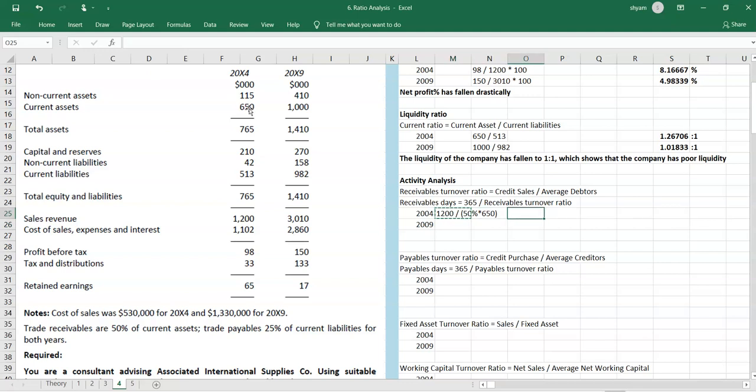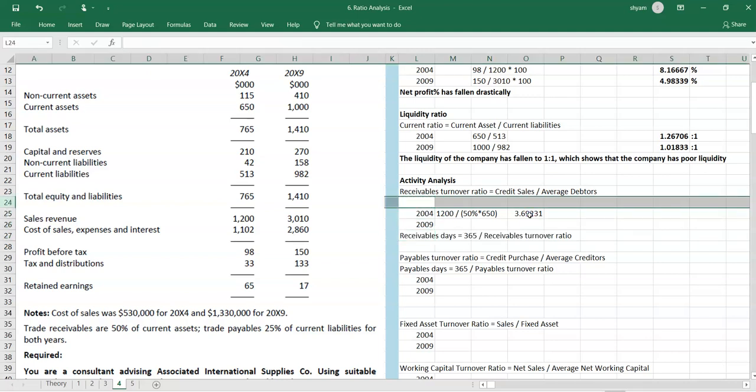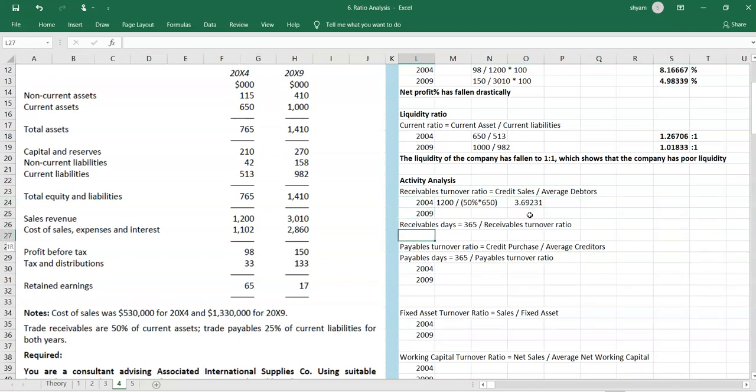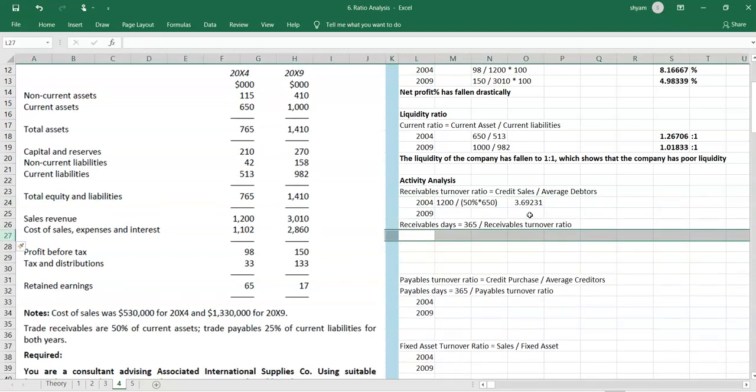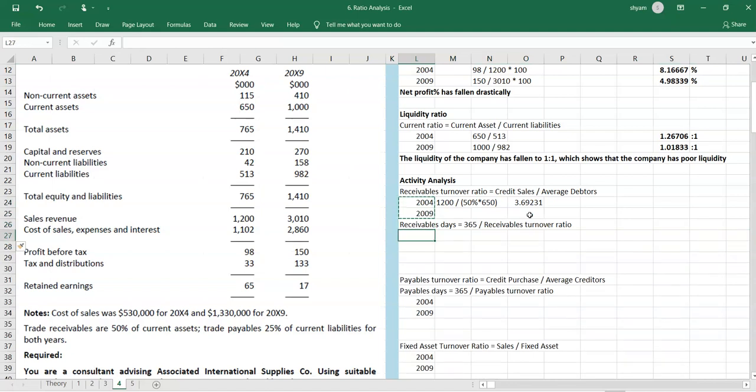So first we'll find out that value. So we'll find out for 2009.